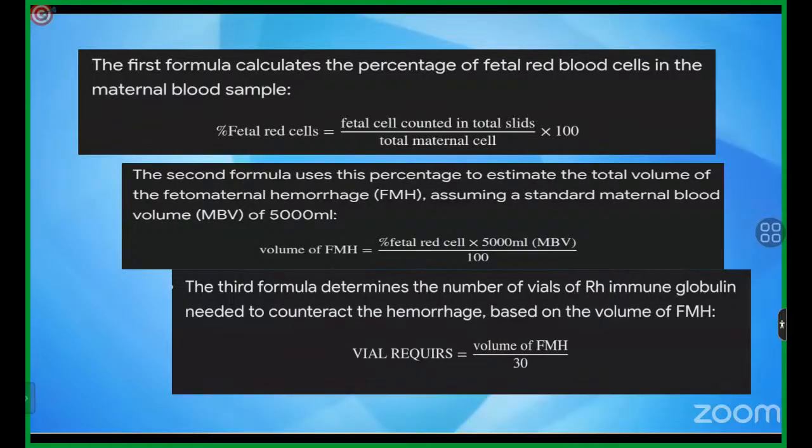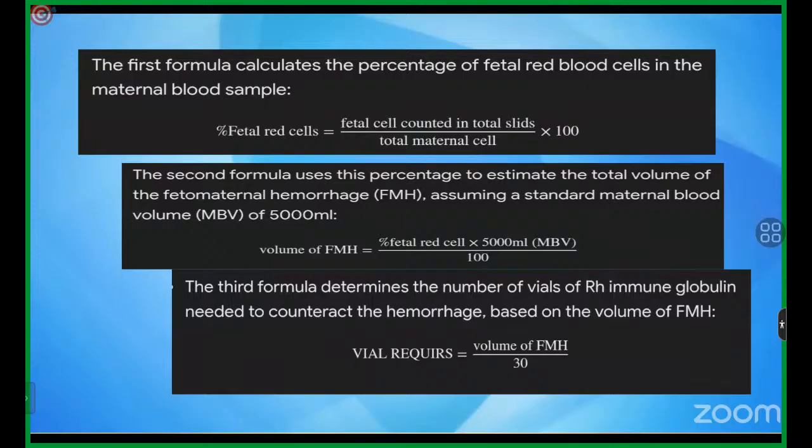The second formula uses this percentage to estimate the total volume of fetal maternal hemorrhage using a standard maternal blood volume of 5,000. We usually consider using 5,000 because roughly we estimate that an adult woman has around 5 liters, that's 5,000 mils of blood.